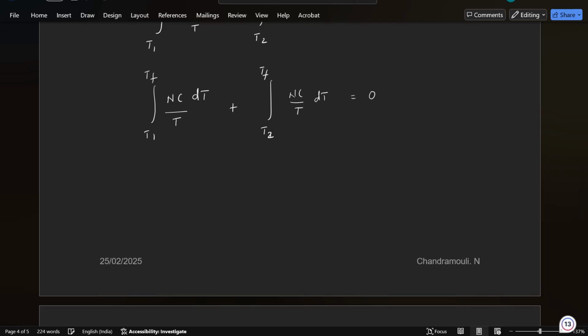NC can come out and we can just take it out. So it's going to be NC ln Tf by T1, right? Correct. Again, similarly, plus NC ln Tf by T2, correct, is equal to 0.